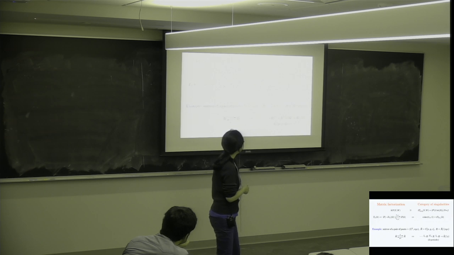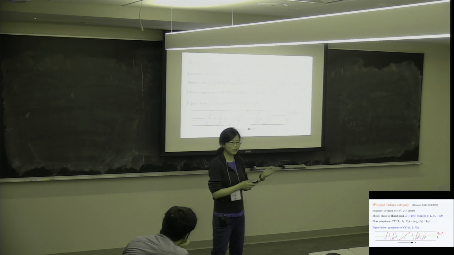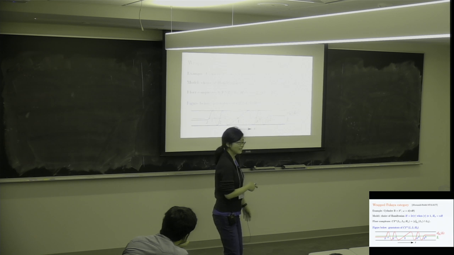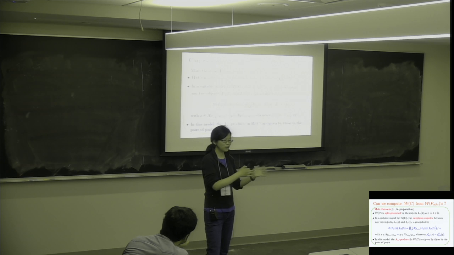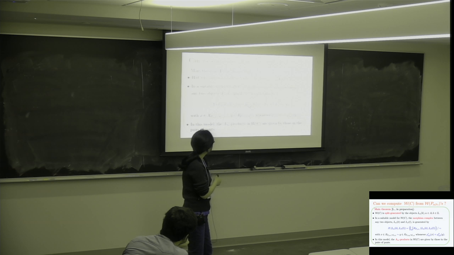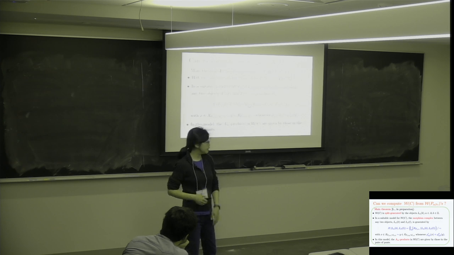You can still compute the triangles, but the higher polygons are hard to keep track of. So it becomes necessary to find a way to decompose, so you can get the wrapped Fukaya category for the big Riemann surface from the pieces.